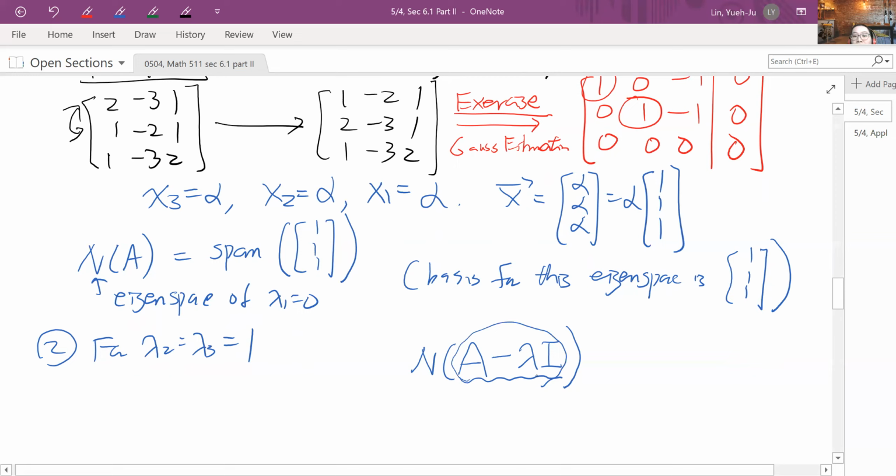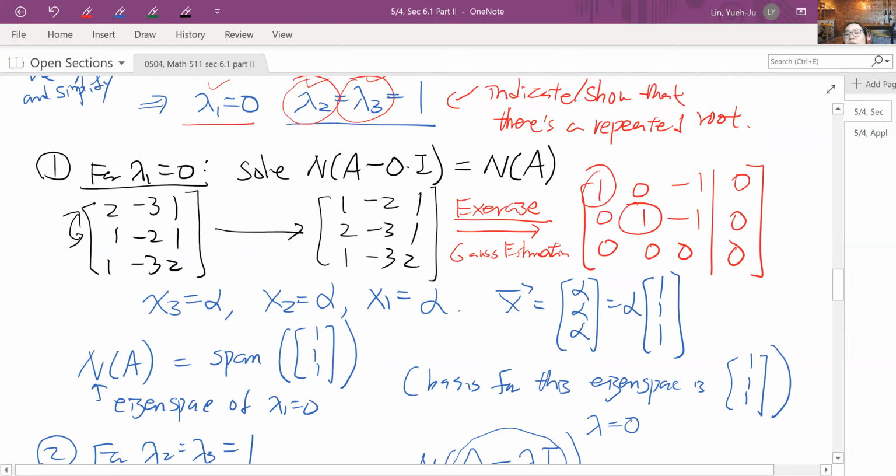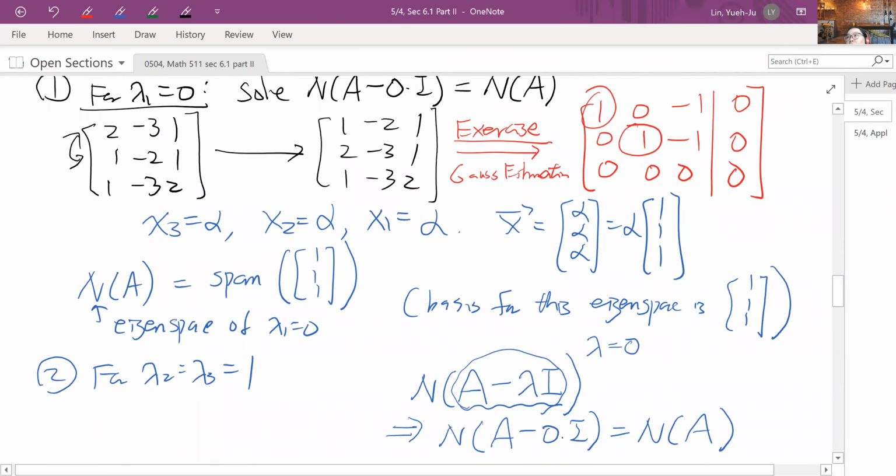But in this particular case, because the eigenvalue is 0, solving A minus 0 times identity is the same. So when the eigenvalue is 0, solving the eigenspace for this eigenvalue turns out to be the same as solving the null space.